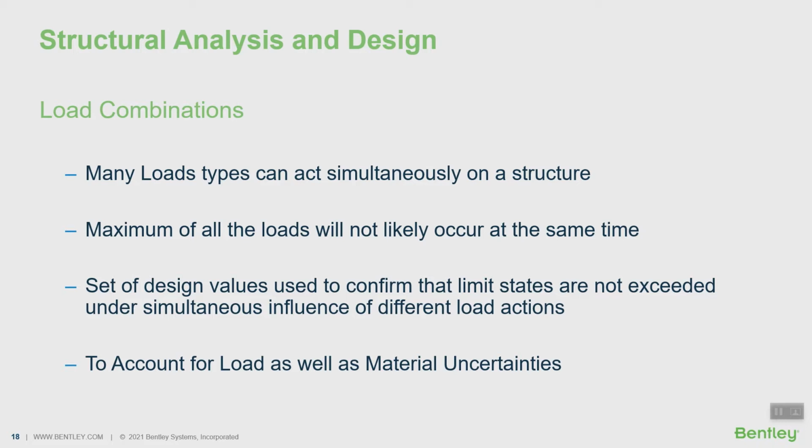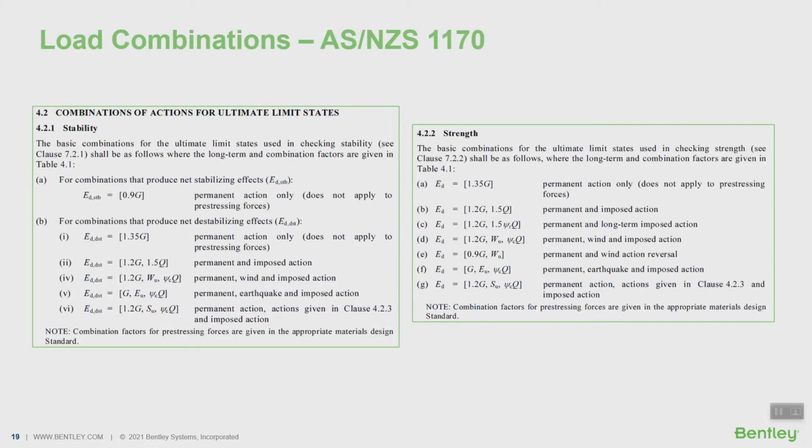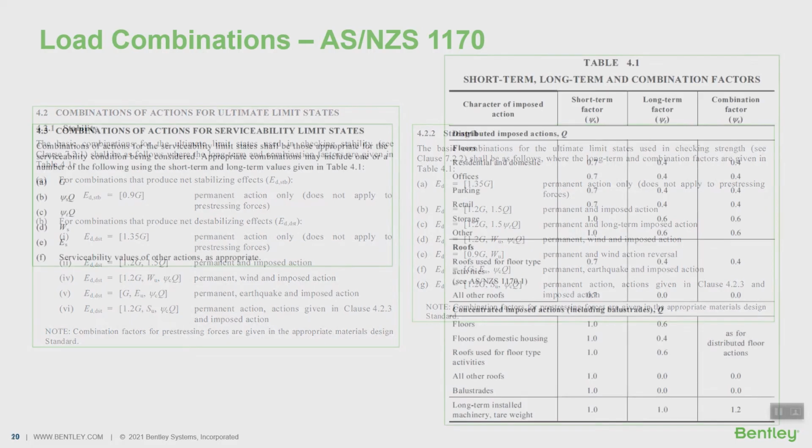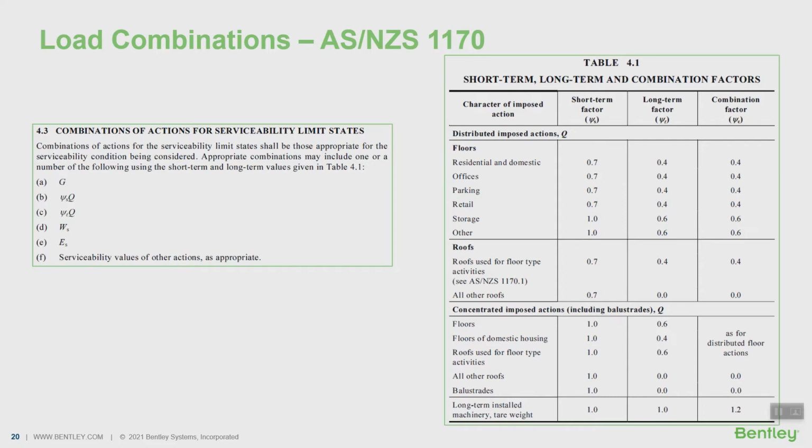These sets of design values to formulate load combinations for different limit states can be found in the design codes. In addition to this load uncertainty, load combinations also account for material uncertainty. Load combinations of ultimate and serviceability limit states for Australia can be referred to from the Australian standard AS/NZS 1170.